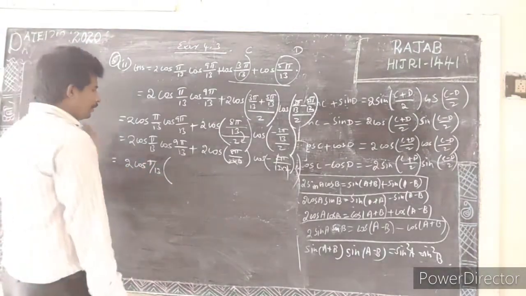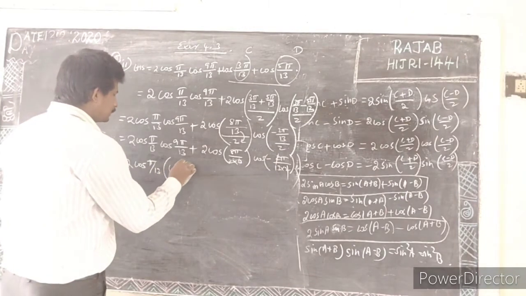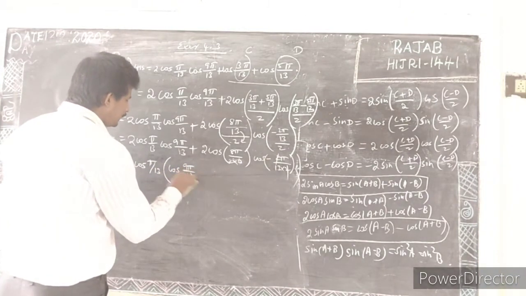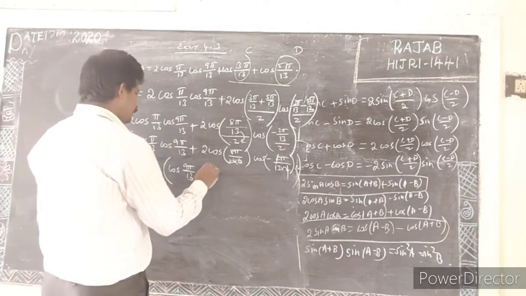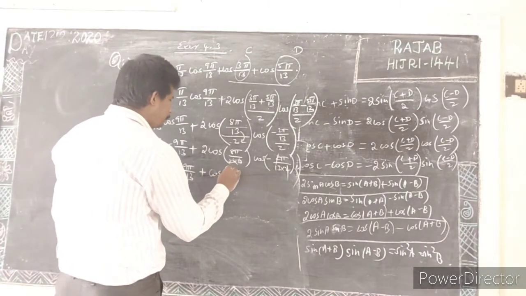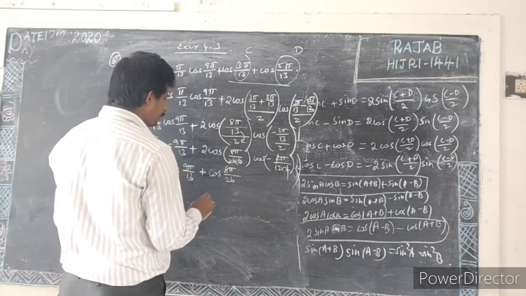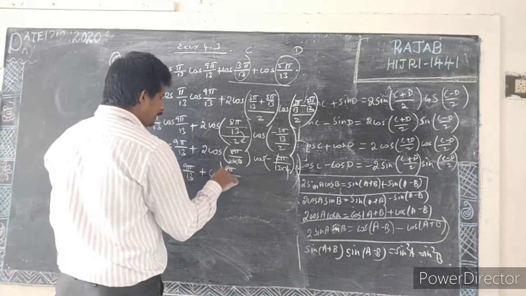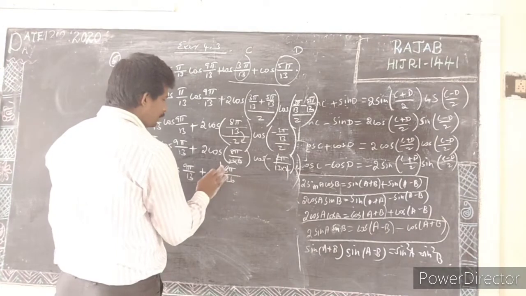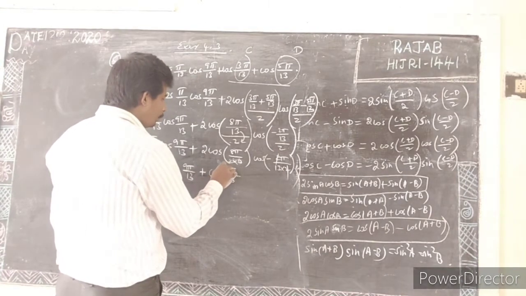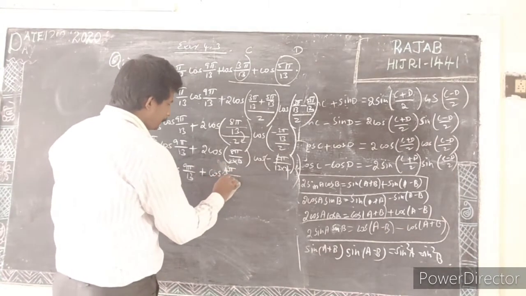So the remaining would be cos 9 pi by 13 plus cos 8 pi by 26, or we can write 4 pi by 13.